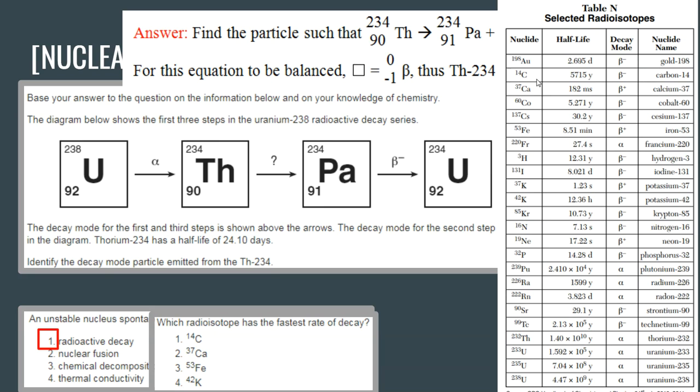If you look up carbon-14, it takes 5,715 years to decay, versus calcium-37, which only takes 182 milliseconds. Iron-53 takes 8.51 minutes, and potassium-42 takes 12.36 hours. Thus, the fastest is the one with the shortest half-life. Therefore, the answer is calcium-37.